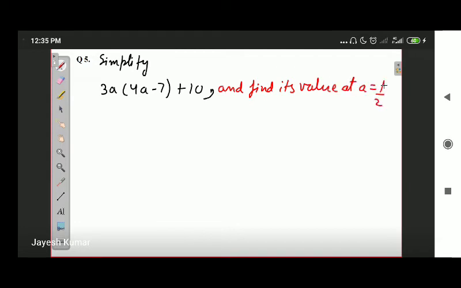We have to find the value of this polynomial at a equals 1 by 2. So let's see the solution.